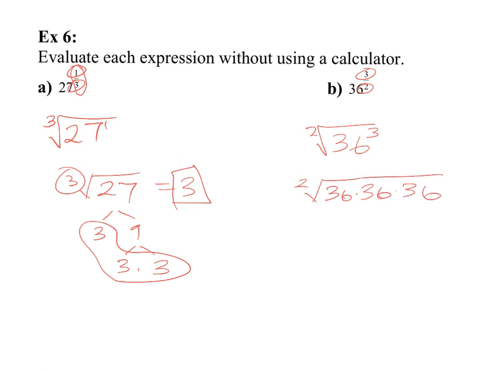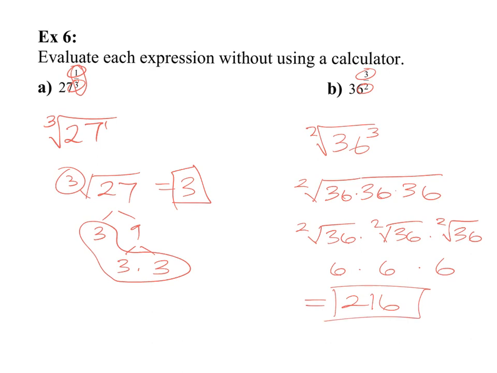All right, now applying the product property for radicals, I have this, which makes the problem much easier to simplify. So square root of 36 is 6 times 6 times 6. And 6 times 6 times 6, a good one to remember, is 216. That's all there is to it.